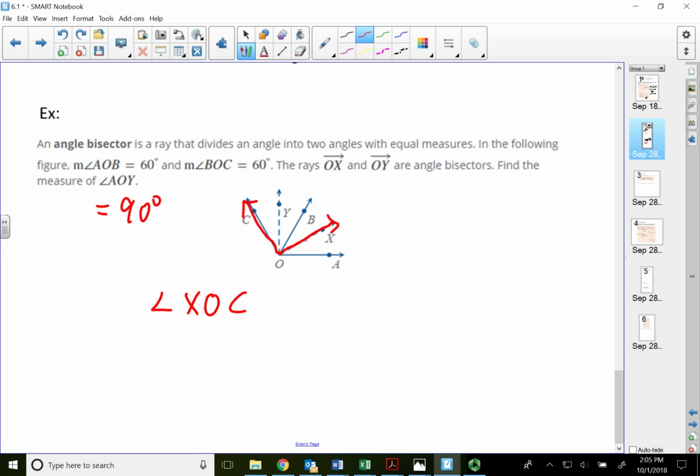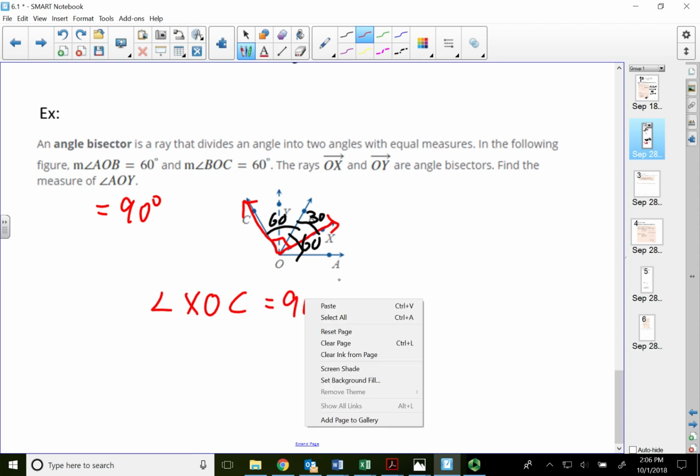Knowing that AOB was already 60 degrees, and BOC was also 60 degrees, this time XOB, that little piece, has to be 30 degrees because OX is another angle bisector. So what I labeled in red, once again, is also another 90 degrees, just by looking at it from the other perspective.